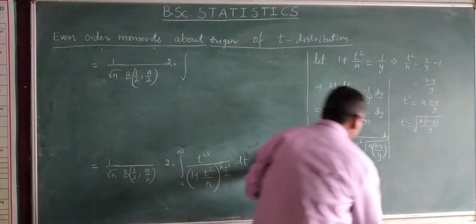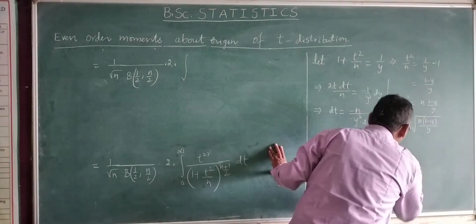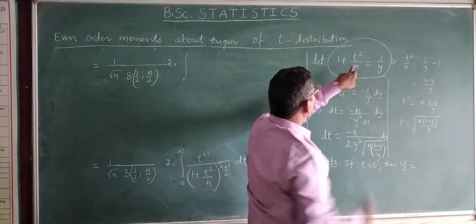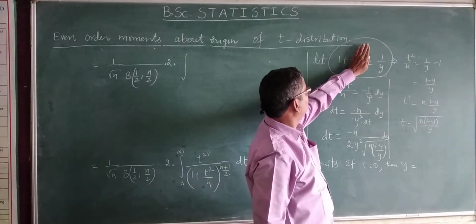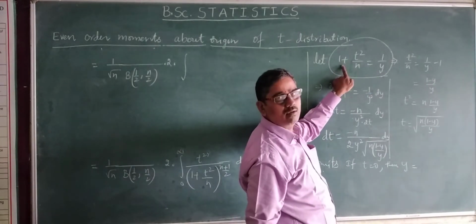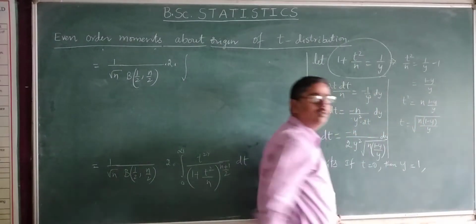If t is equal to 0, then y is equal to, you refer to this value, 1 by y is equal to 1. Therefore, y is equal to 1. Do you understand that?